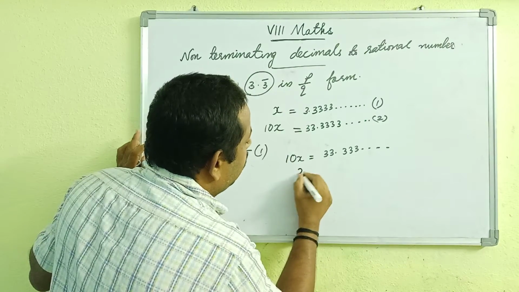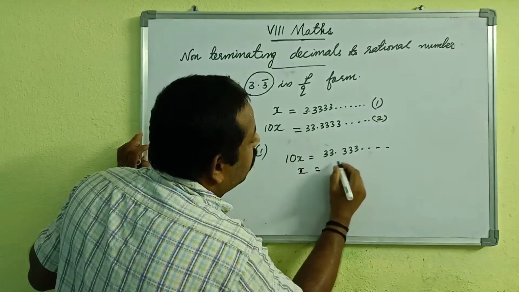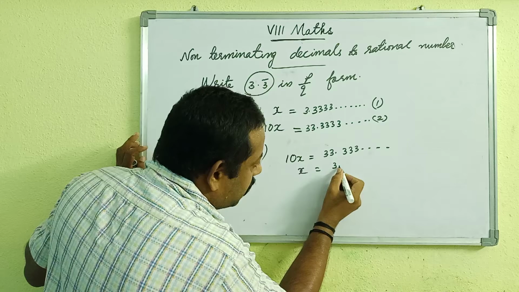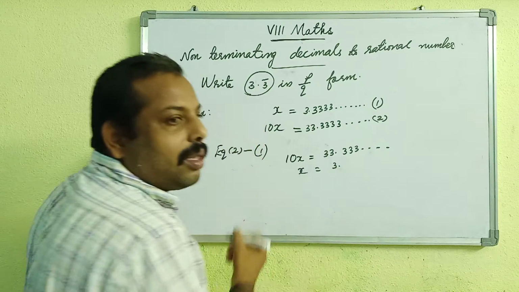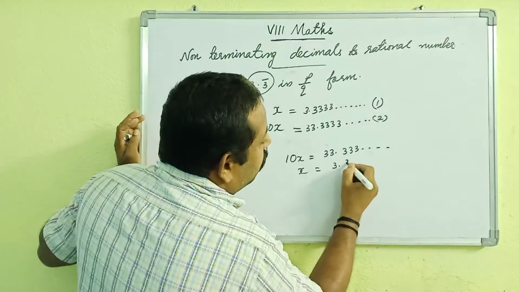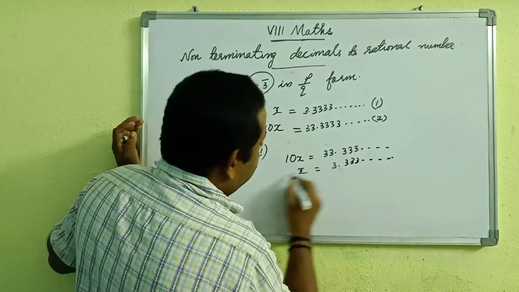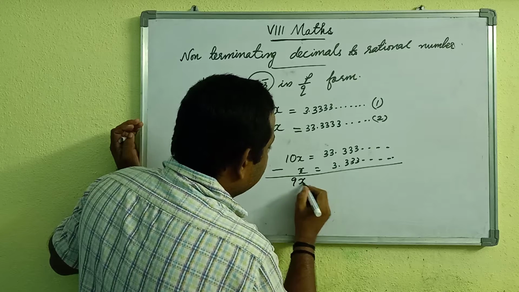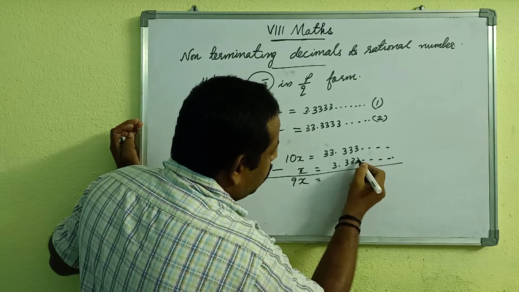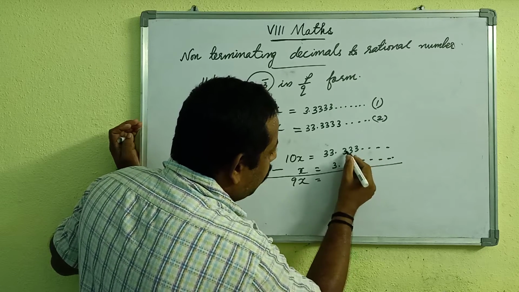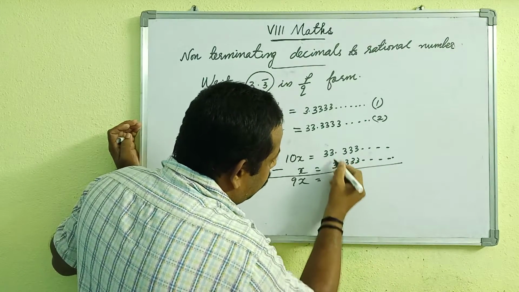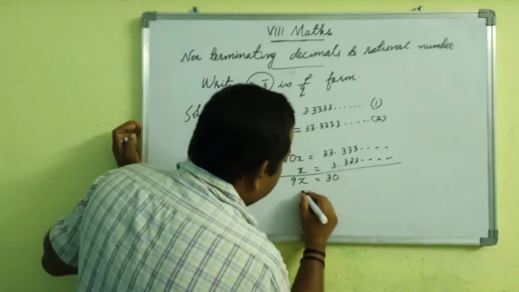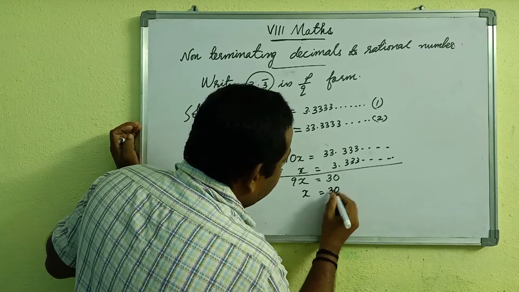First equation, we can write x is equal to 3. This is important: 3 point. Don't write 3 here. Just the point should be written straight, and next to the point you write 3. That is simple. The remaining you place 3 3s and subtract. 10x minus x is 9x. 3 minus 3 is 0, 3 minus 3 is 0, point, 3 minus 3 is 0, and 33 minus 3 is 30. So 9x is equal to 30, x is equal to 30 by 9.